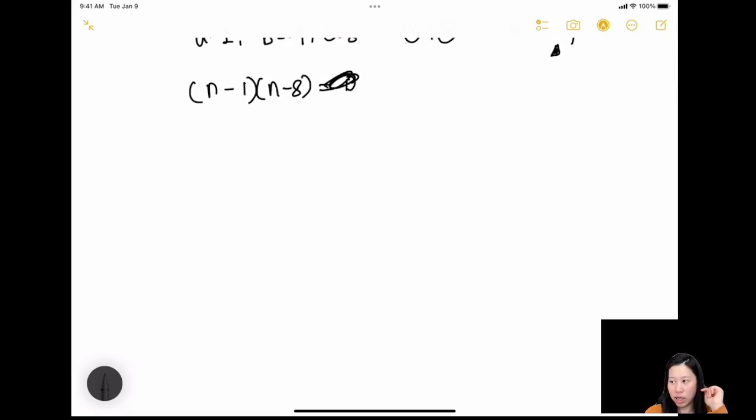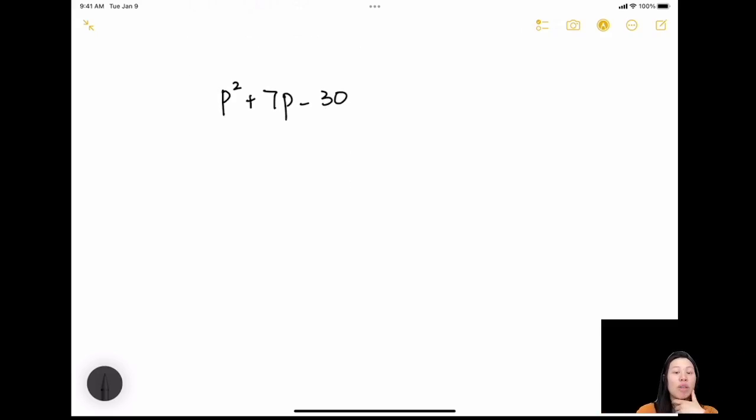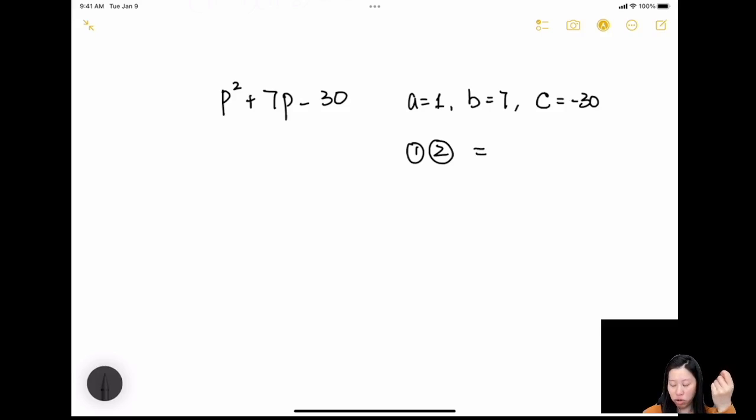Okay, now let's look at another example, such as p squared plus 7p minus 30. Again, we use the AC method. So a equals 1, b equals 7, c equals negative 30. We want two numbers that multiply to a times c, which is negative 30, and sum to positive 7.